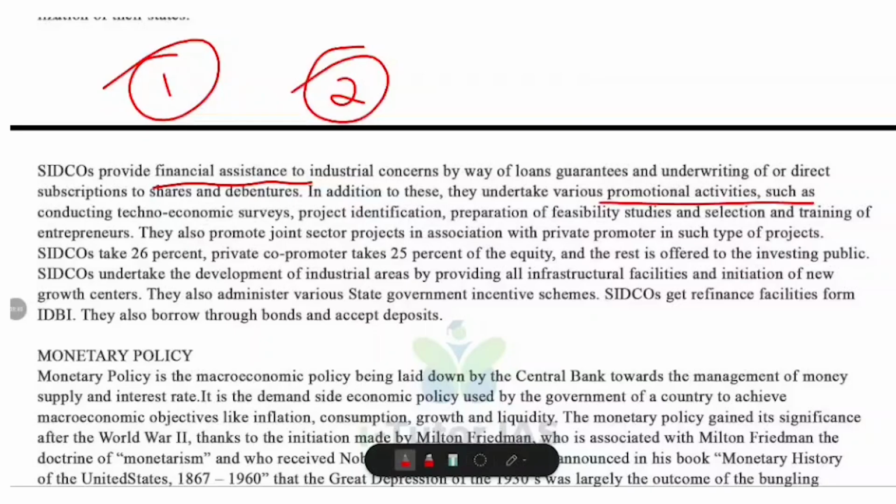This is one of their key strengths. They conduct techno-economic surveys, identify potential projects, prepare feasibility studies, and even train entrepreneurs. So, they don't just give money, they help new entrepreneurs find ideas, assess viability, and build skills to run successful industries. Okay. Then, they conduct joint sector projects.